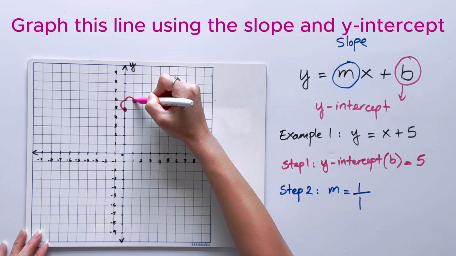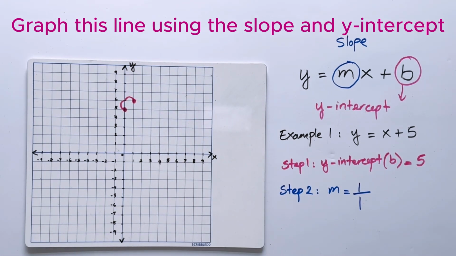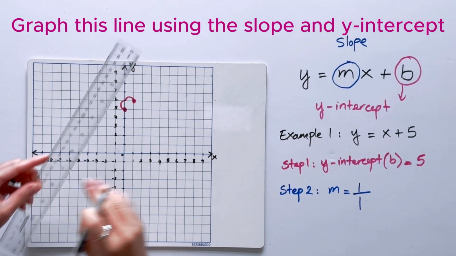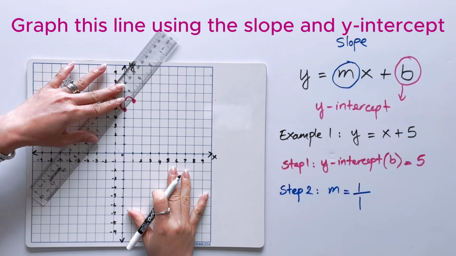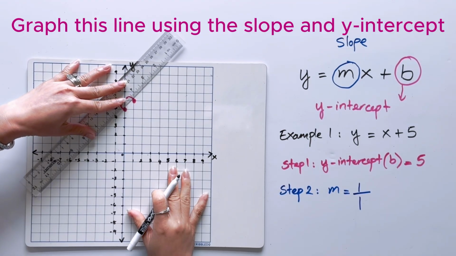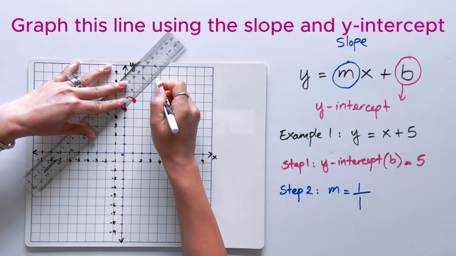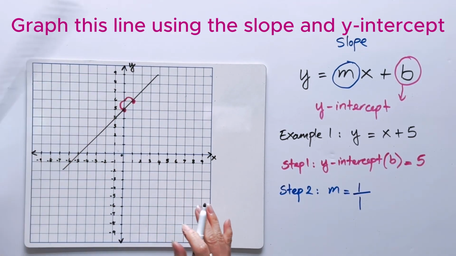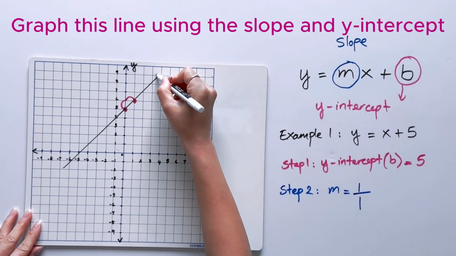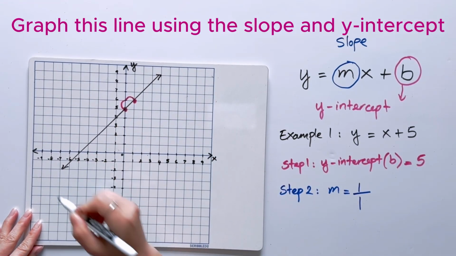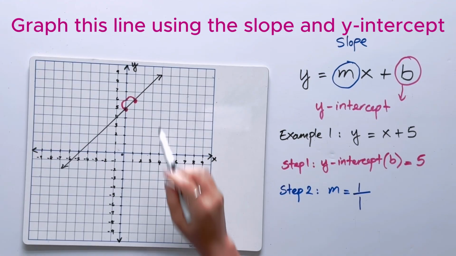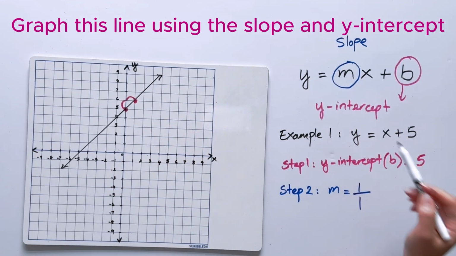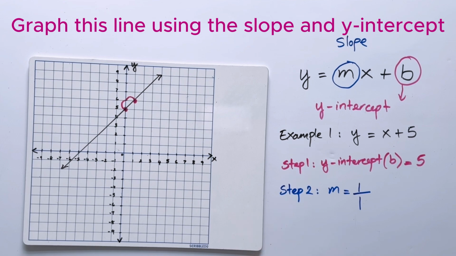Okay, so that's our second point. So now you draw the line. And that is how you graph using slope-intercept form. Okay, let's go to the next example.